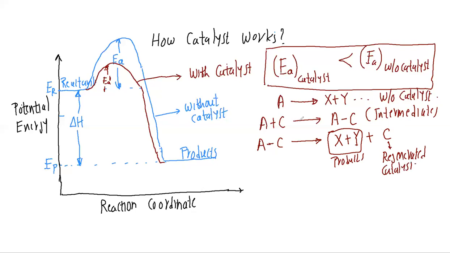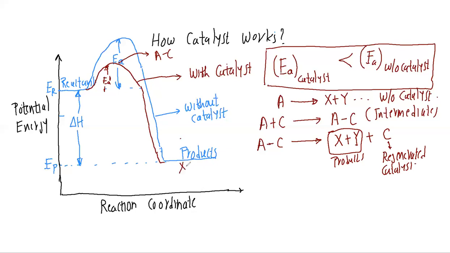So we have seen what it has done. It has taken a different path altogether because it has formed this intermediate compound, which we call AC. And then the catalyst has been regenerated.